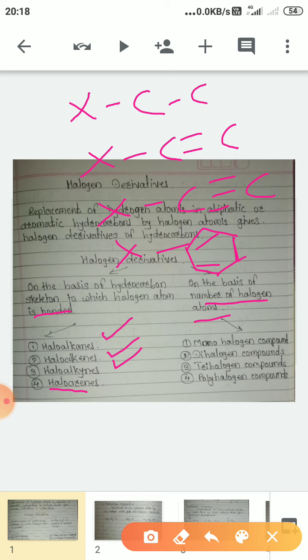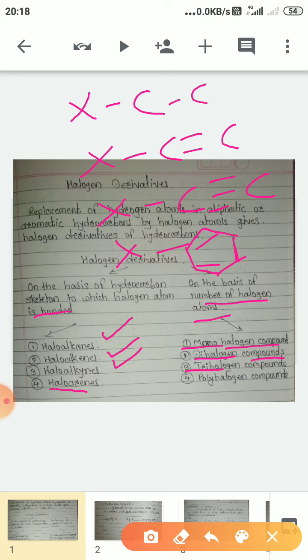Okay, and second, on the basis of the number of halogen atoms, that means how many hydrogen atoms are replaced by halogen atoms. If only one hydrogen is replaced by a halogen atom, then they are called monohalogen derivatives or monohalogen compounds. If two hydrogens of a hydrocarbon are replaced by two halogen atoms, then they are called dihalogen compounds.